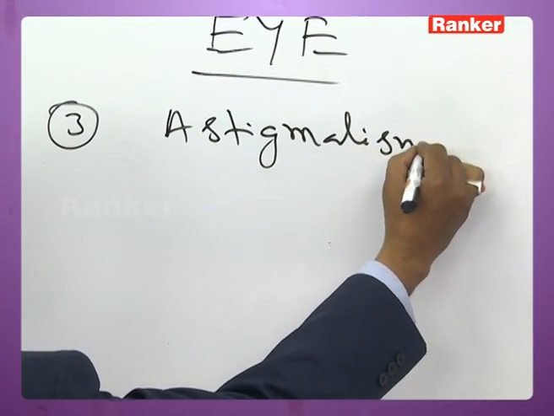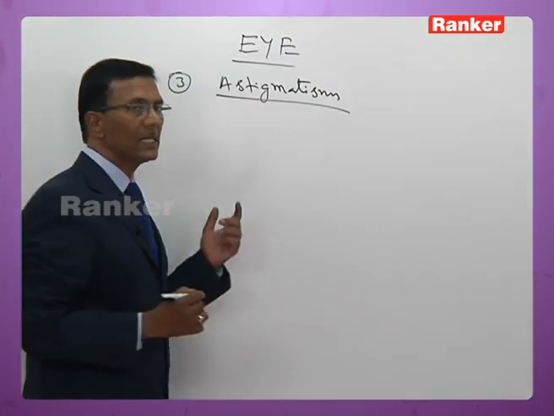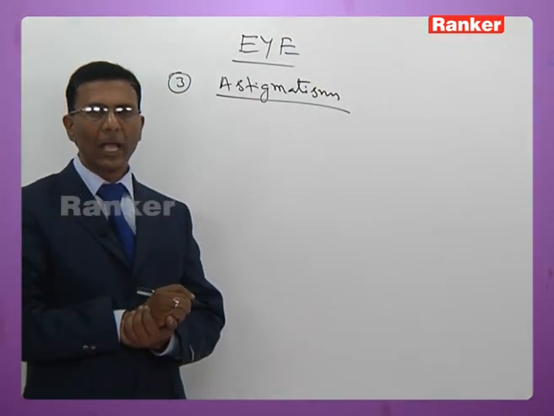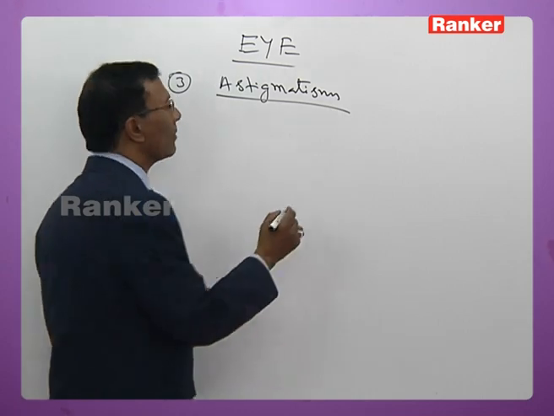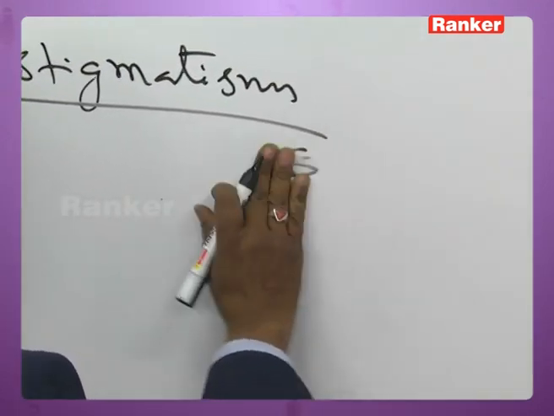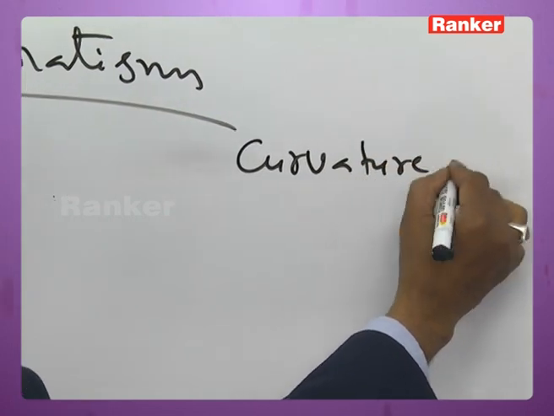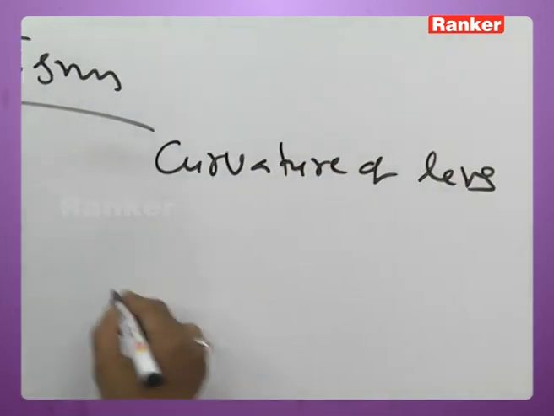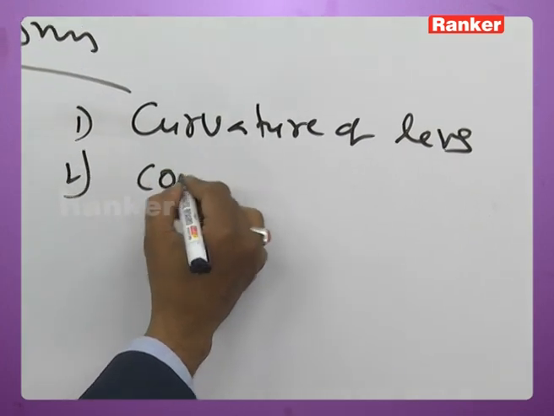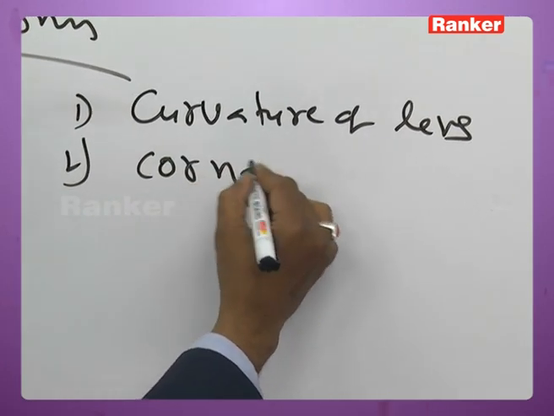Now the third one is astigmatism. In astigmatism, there is curvature of the lens, or sometimes there will be curvature of the cornea.